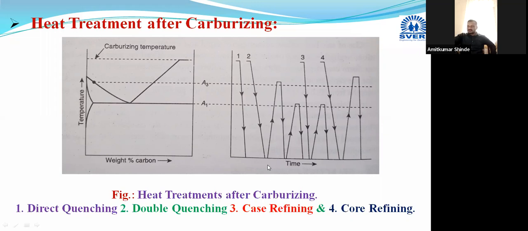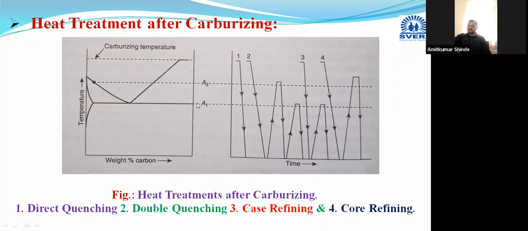Initially it is slowly cooled, then heated above the upper critical temperature, that is above the A3 temperature, and some holding time is provided. After that, it is directly quenched, and we will get the hard and wear resistant case or surface. After that, it is again heated, but this time above the lower critical temperature, that is A1.